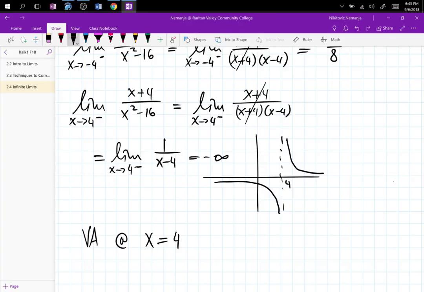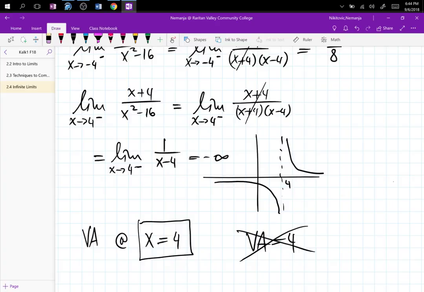Make sure you never write this, because it's a 0. VA equals 4 is a meaningless statement in mathematics. It means nothing. So never write that. The equation for the vertical line is x equals 4.